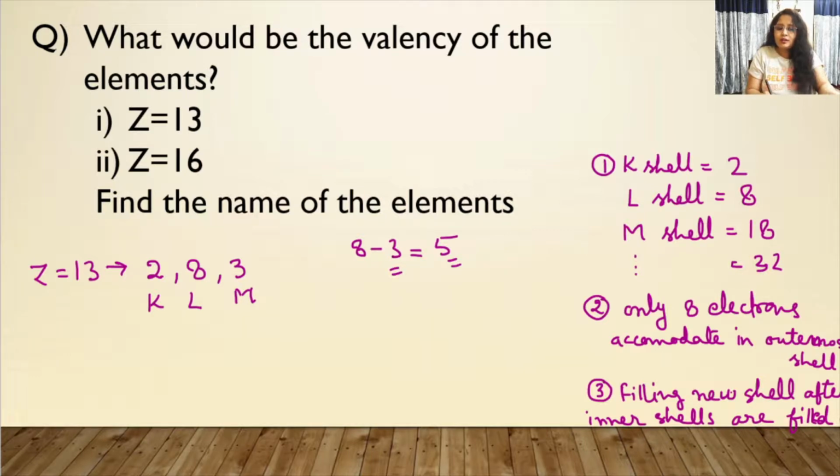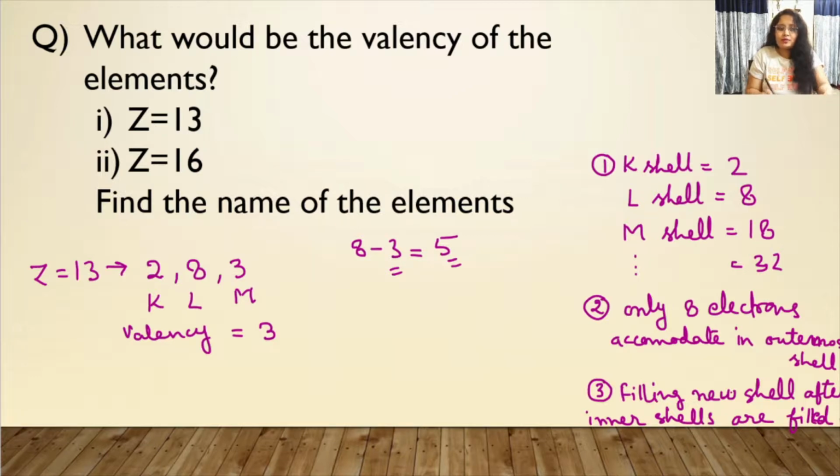Then only it will achieve its octet. So what is easy to do? Taking 5 electrons is more difficult than leaving 3 electrons. So this element will leave 3 electrons to achieve its octet. This is called its valency. You can say the valency is equal to 3. It means it will be able to give 3 electrons.